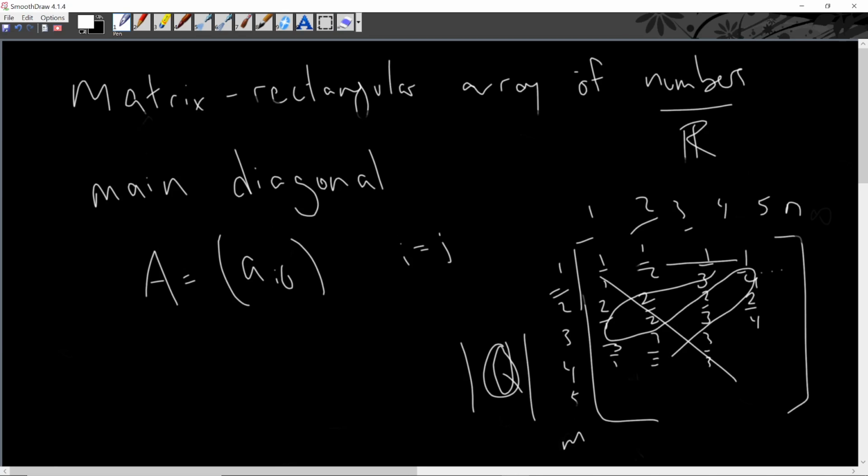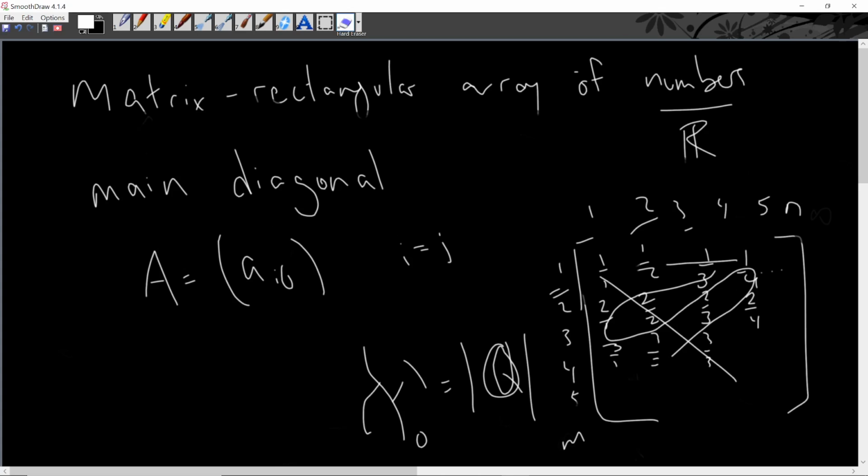I know how to draw Aleph, but it's not great. It goes like this, and then like that. So we have Aleph null, and that means it's just a countable infinity.